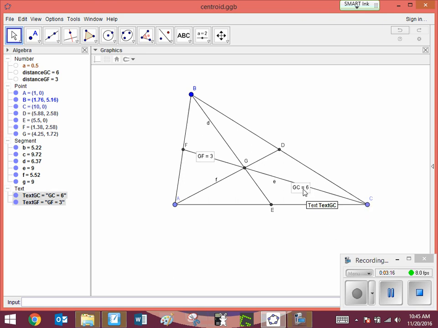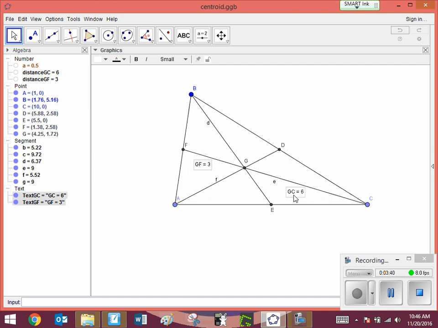I know then my bigger segment, GC, is going to be 2/3 of 9. So I take 2/3 times 9, I would get 6. Likewise, if I wanted to find FG, I would take 1/3 of 9, or 9 divided by 3, which is 3.